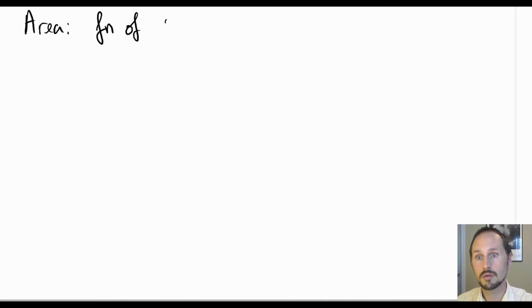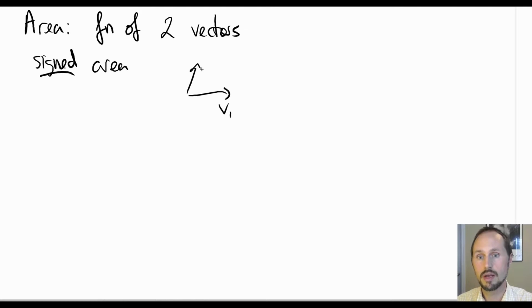We're going to think of area as a function that depends on 2 vectors. It's going to be the signed area of the parallelogram that we get by looking at, let's say, the vector v1 and a vector v2.